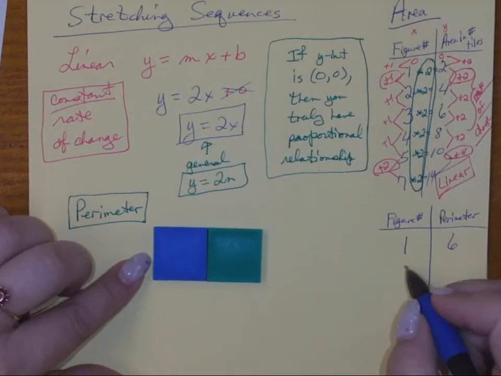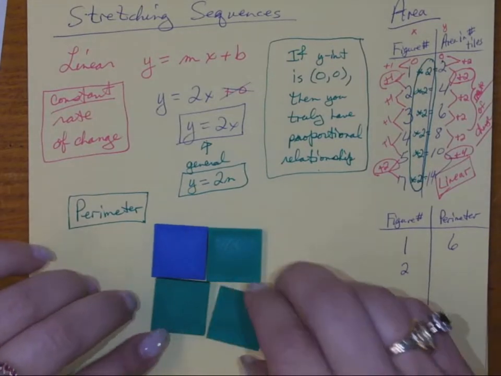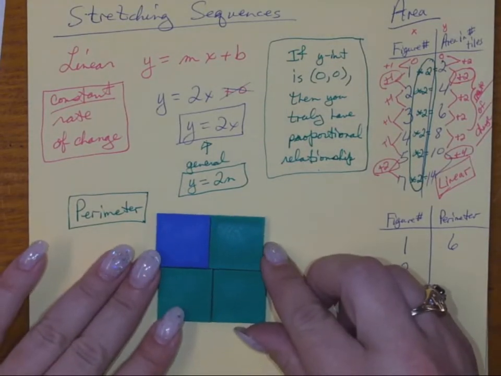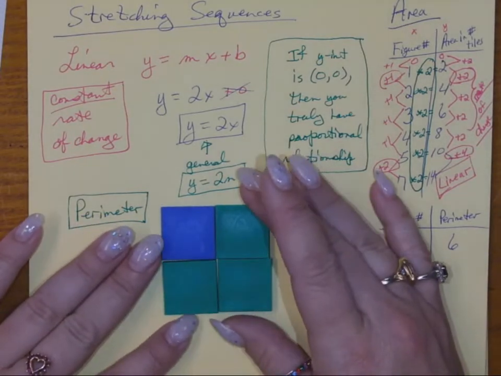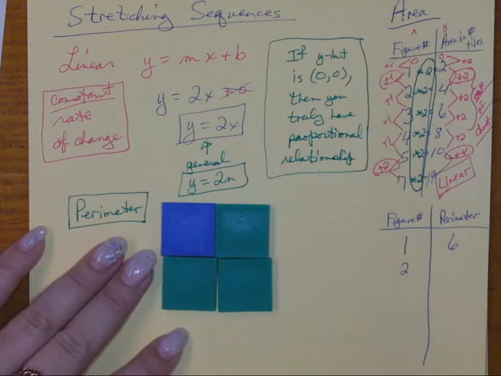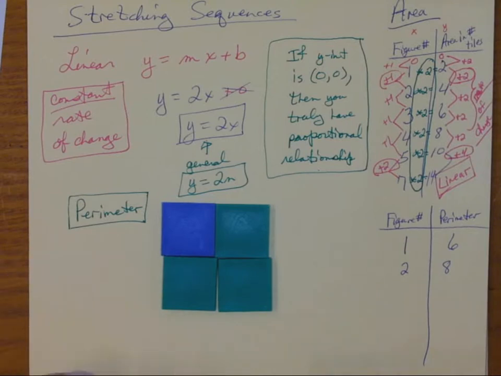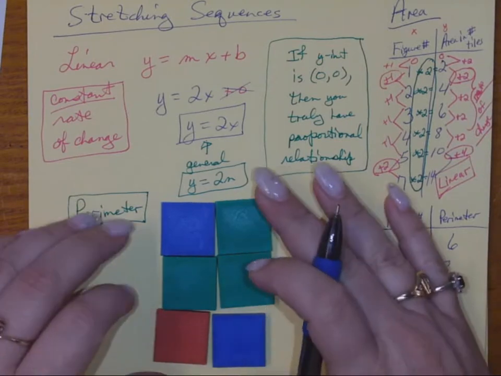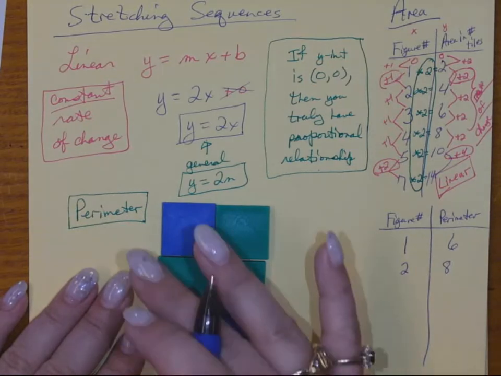And then they said, figure number 2, I'm just going to add on here. Sorry, I'm kind of limited on my space right now. That's a 2 by 2. And if I look at that, it's 2 plus 2 plus 2 plus 2. That's 8. And the next one is the 2 by 3. And it's 2 plus 3 plus 2 plus 3.